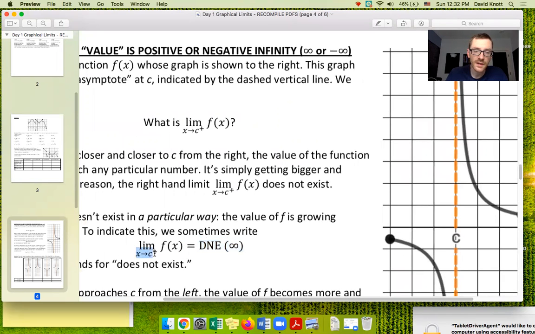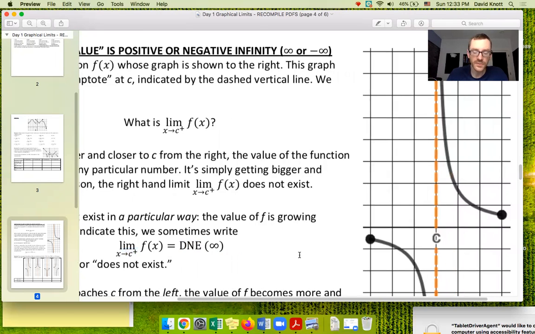So this is the limit as x approaches c from the right, and we're claiming that this limit is DNE, which means does not exist, and then positive infinity. So what's the deal with DNE positive infinity? Why do we say both?